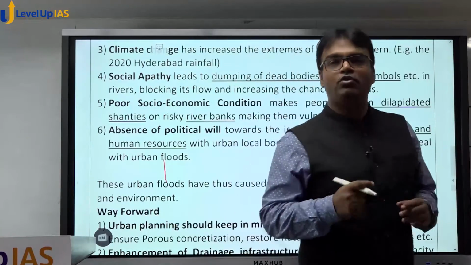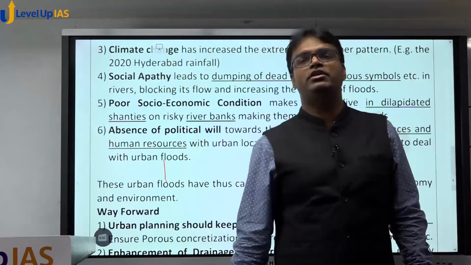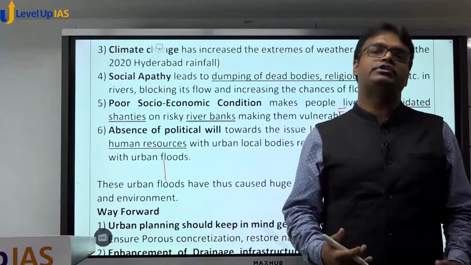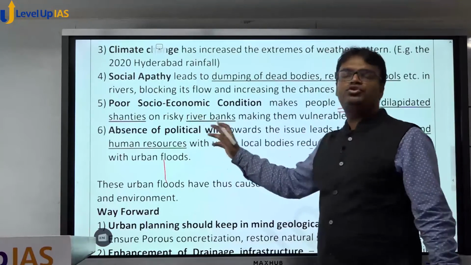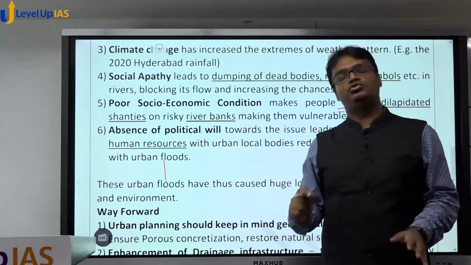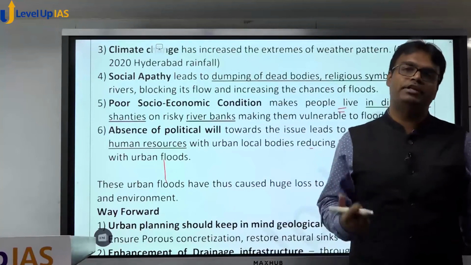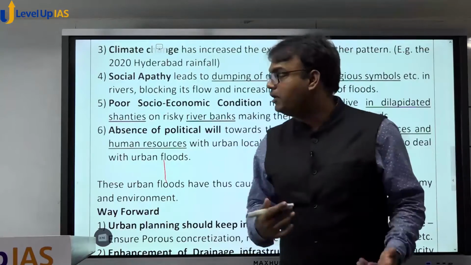Why is it so? You and me will not go and settle down there because we are worried about what happens in case of flood. But they do not have a choice. The poor socio-economic condition of India may also lead to encroachment of the river beds, especially in urban areas, leading to the problem of urban floods.